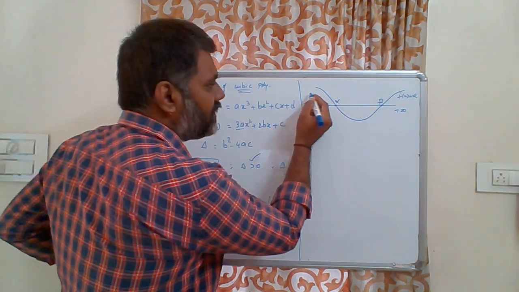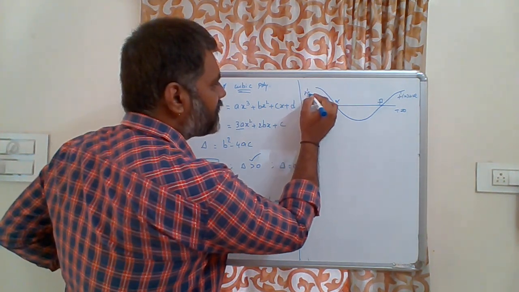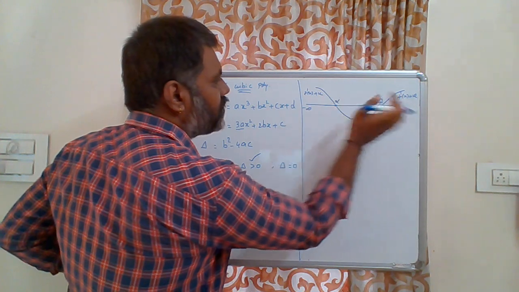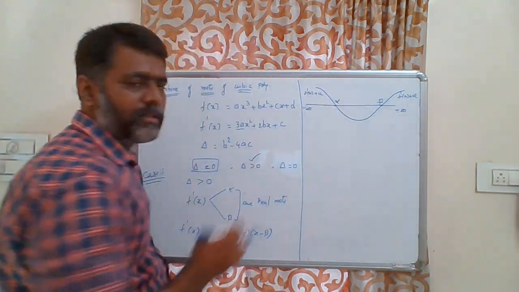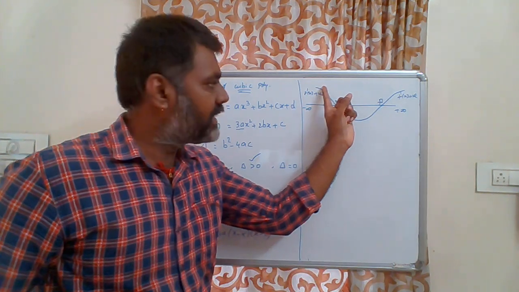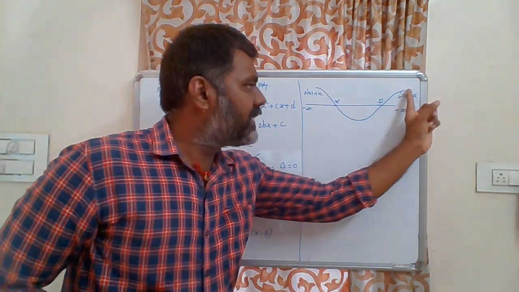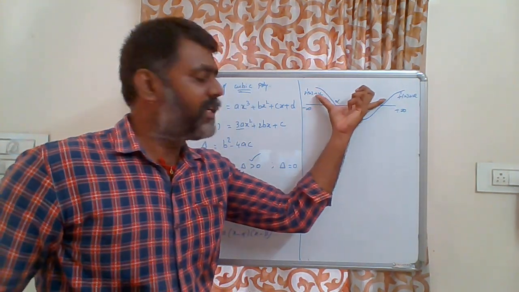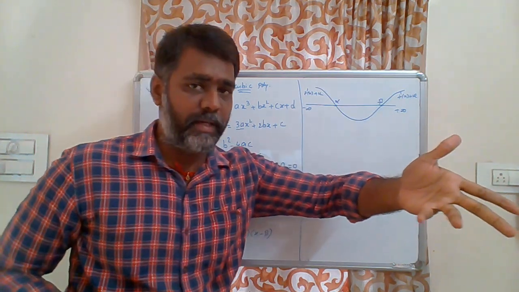So on this side f dash of x is positive, and in these two locations f dash of x is positive. Why? Because from minus infinity to here, this is an increasing graph, and from here to here, it is an increasing graph. In these two cases f dash of x is greater than 0, the positive case.